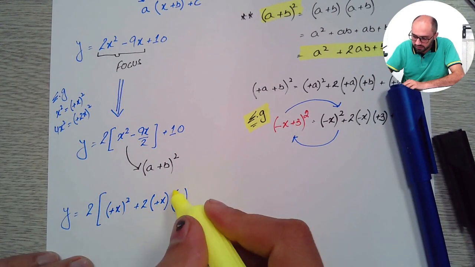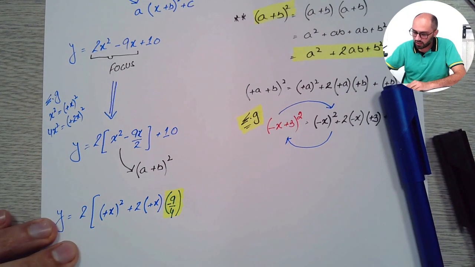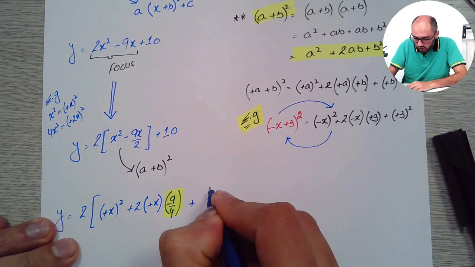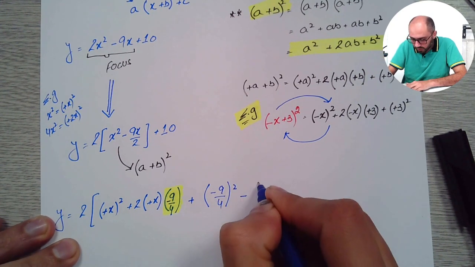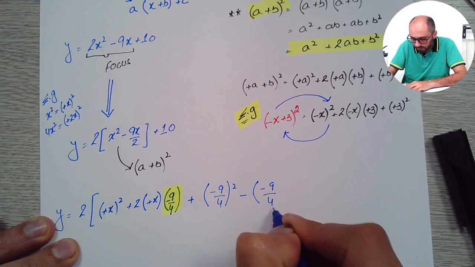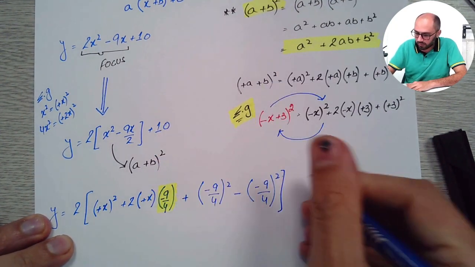Once I've identified this here, what I will now do is, I will add the square of this number and I'll also subtract the square of this number. And then I'll close the bracket. And then I'll bring this 10 down.